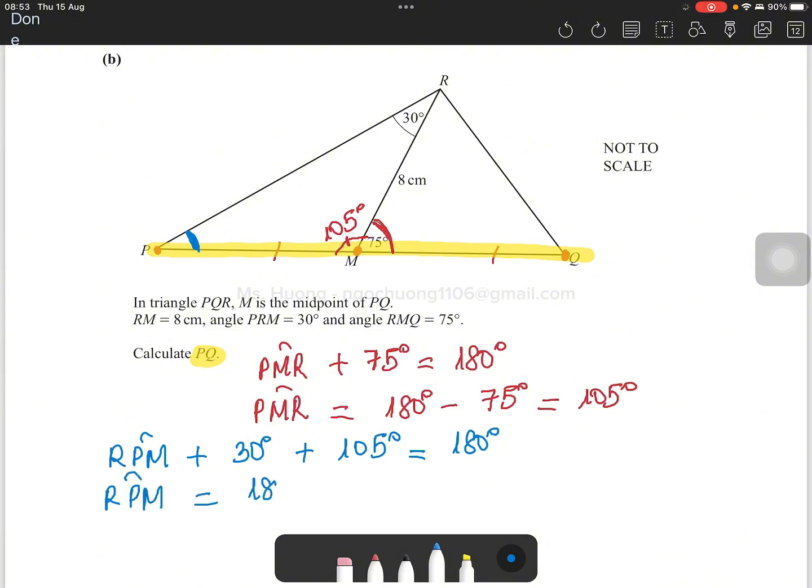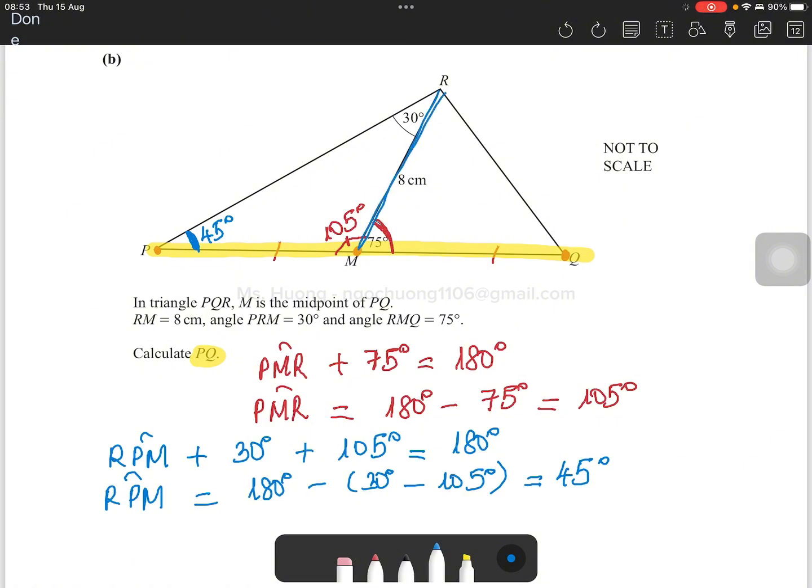Angles in a triangle also add up to 180 degrees. So we subtract 30 and 105 from 180. So the answer for this is 45 degrees.